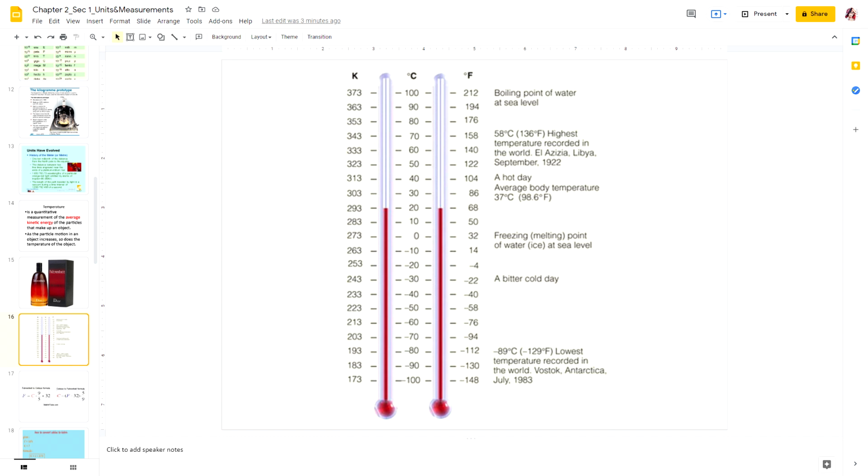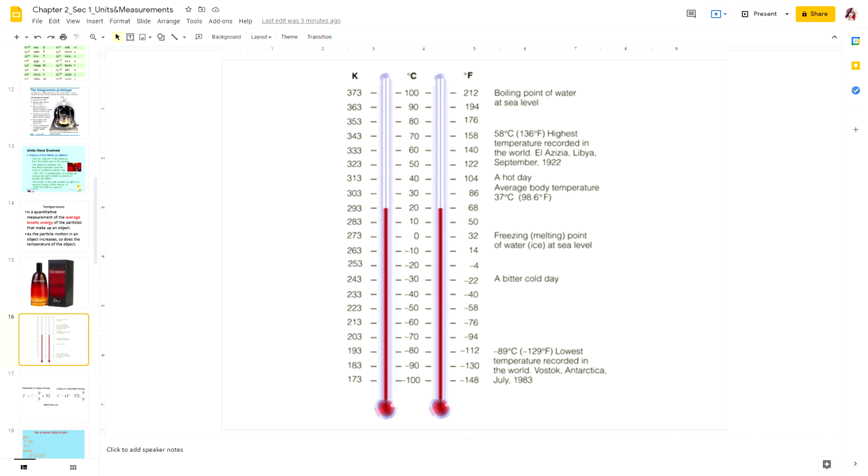The boiling point of water is 100 degrees Celsius, and it is equivalent to 212 degrees Fahrenheit. For Kelvin, it is 373. And if you go to the middle, there is that 0 degrees, which is the freezing point, and that is equivalent to 32 degrees Fahrenheit and 273 degrees Kelvin.